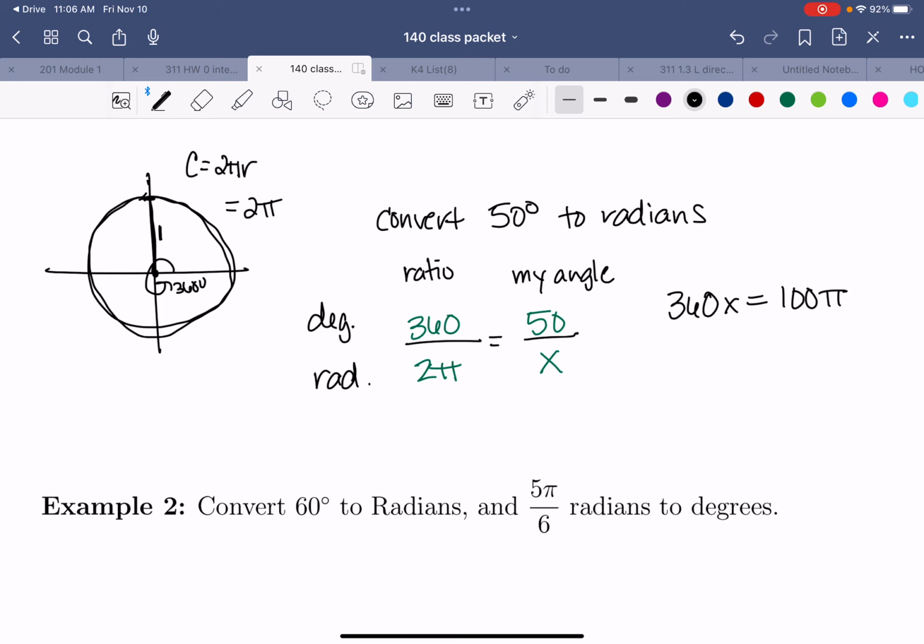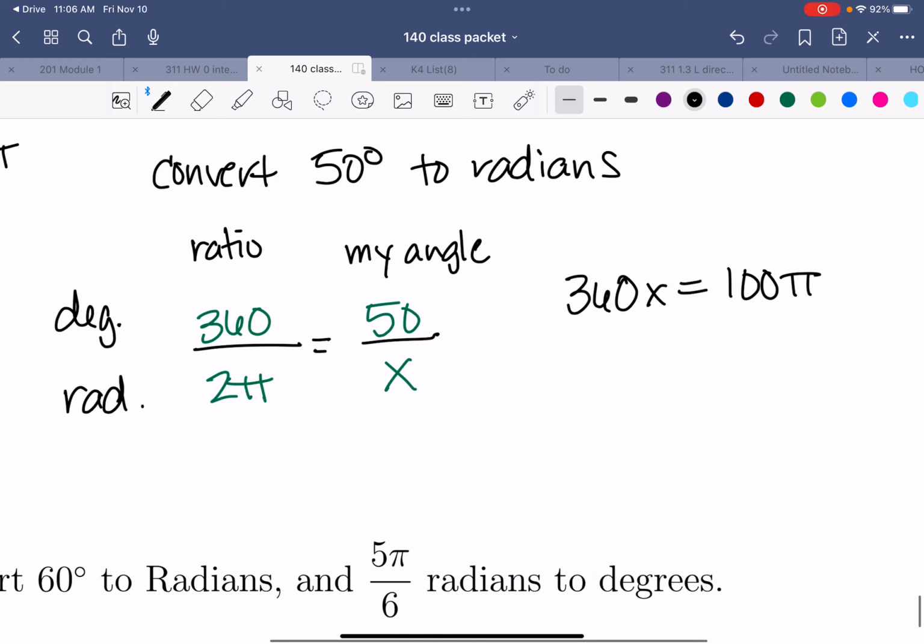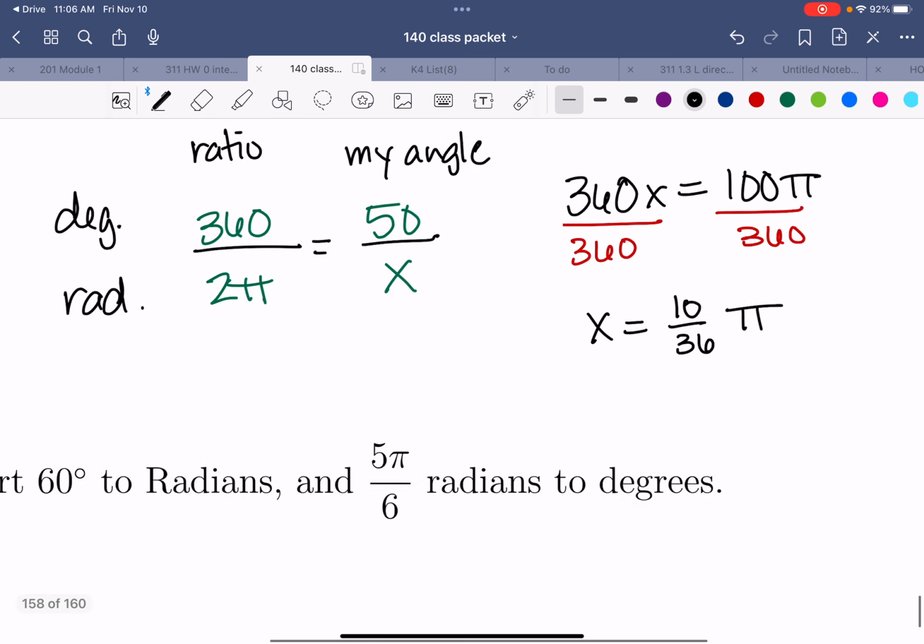Now with radians we typically leave the pi in there. So we're solving for x. We divide both sides by 360 and reduce that fraction as far as we can. So x is a fraction times pi, 100 over 360. If we divide both by 10, that's 10 over 36, and then we want to reduce that again.